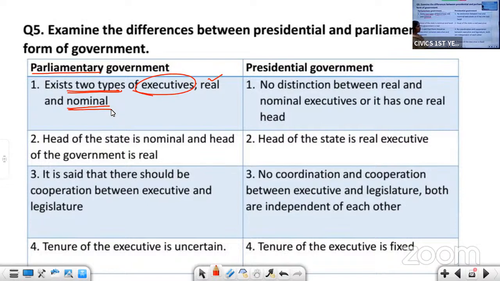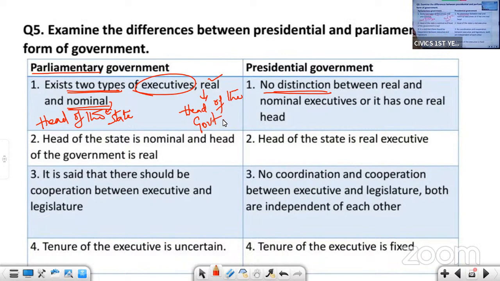Whereas in presidential form of government, you will have only one executive. There is no distinction between the real and the nominal executive. So if you see in parliamentary form of government, the nominal executive is the head of the state, and real executive is the head of the government.